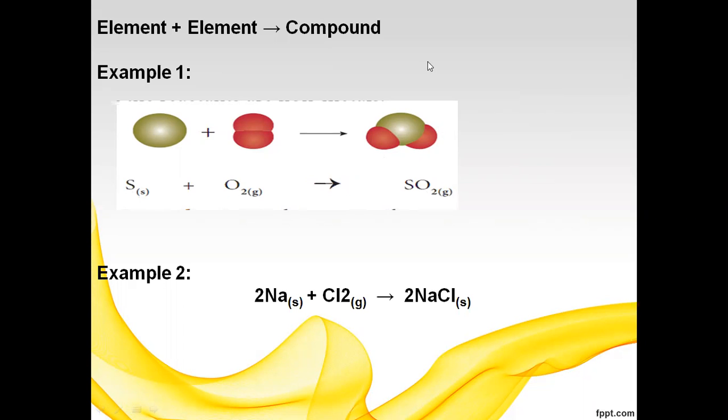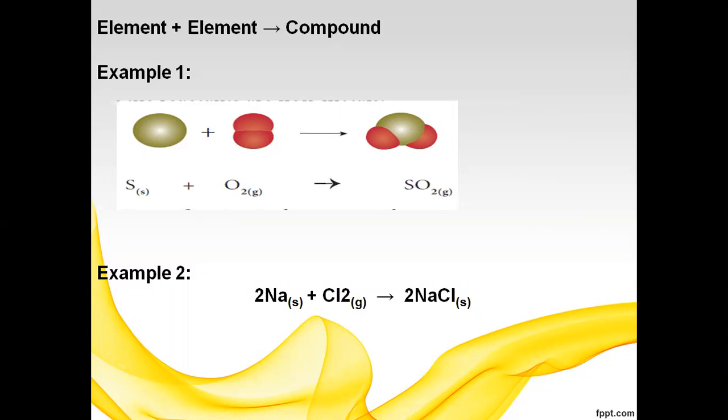For the example of element plus element forming a compound, S is sulfur. This solid sulfur reacts with oxygen gas to give a compound, sulfur dioxide.